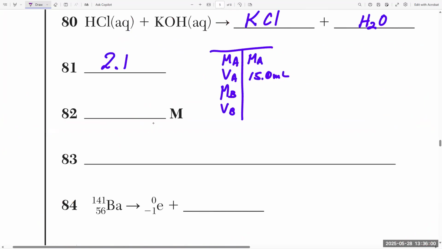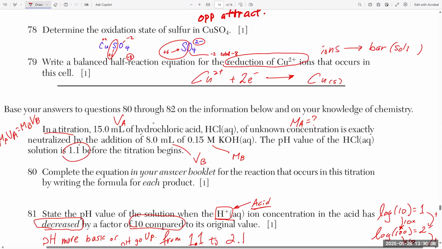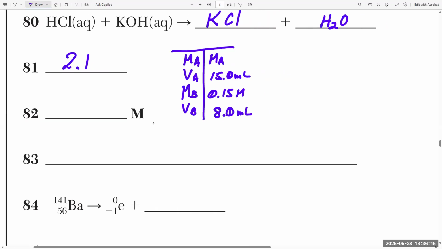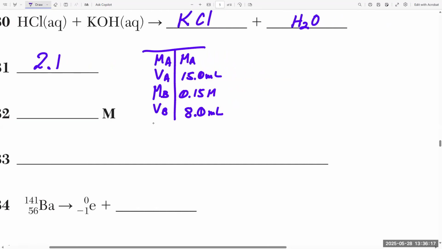Mb is 0.15 molar. And then below, Vb is 8 milliliters or 8.0 milliliters. So let's set this up. You know that MAVA equals MBVB.